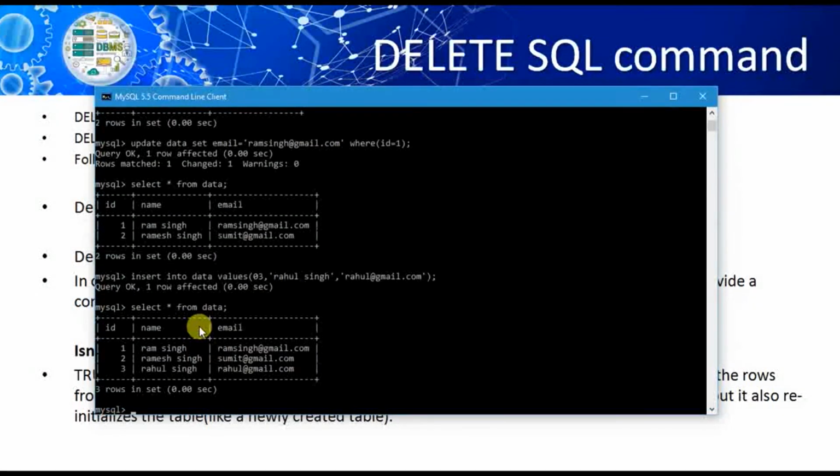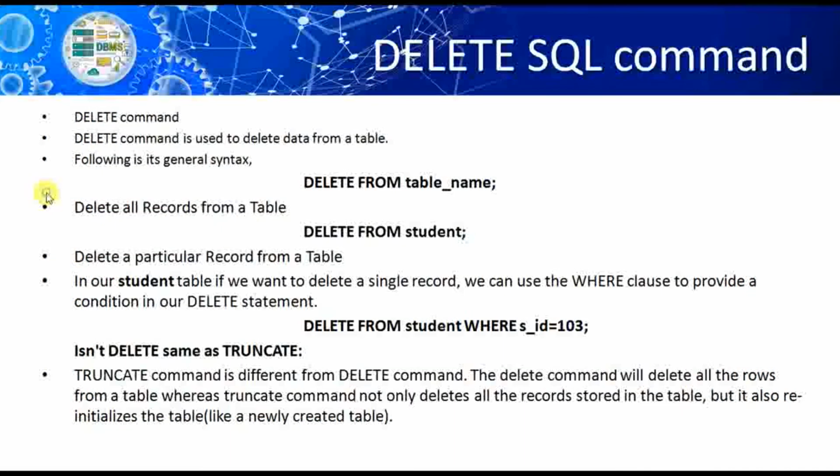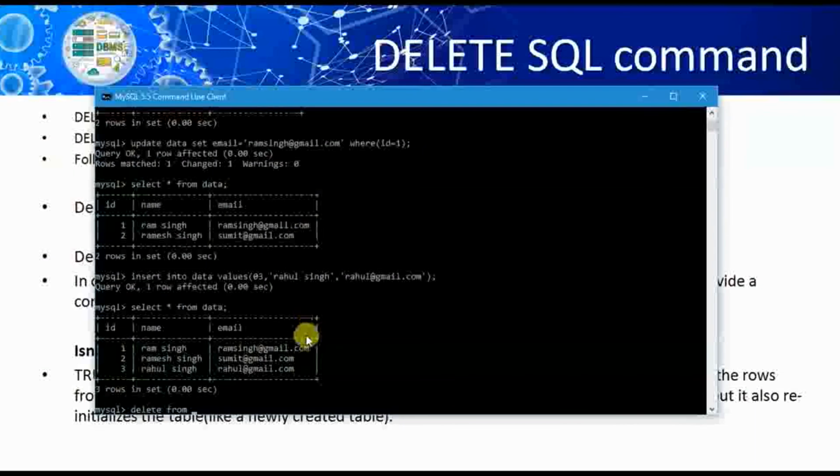Now if I write delete from table name, the first query, look at here, the general structure, delete from table name. If I write only delete from table name, then what will happen? All the records from the table will be removed.